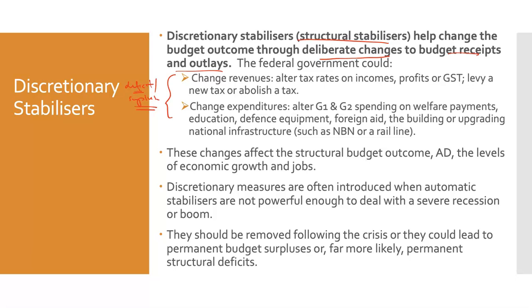So these are changes that are going to affect the structural budget outcome. They're going to impact aggregate demand, and they're going to be deliberate decisions that are going to impact growth and jobs. Why would these be put into place?